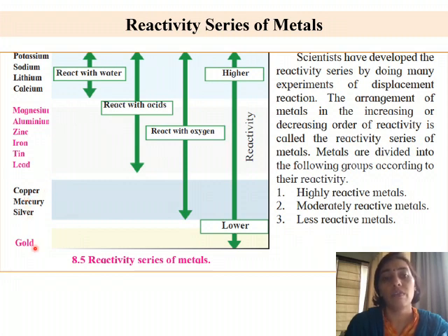Similarly, mercury, silver, gold, and even platinum are all metals of low reactivity. In fact, gold and platinum are called noble metals because they do not have the tendency to combine with any other element. So this is the reactivity series of metals, in which the metals have been arranged in the decreasing order of their reactivity.